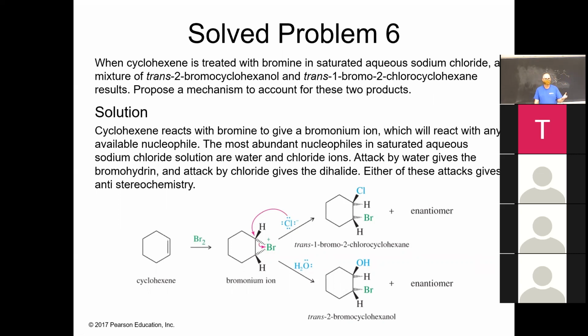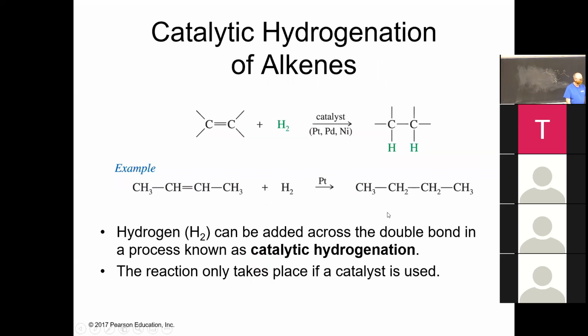We're using saturated sodium chloride solution. So in this case, we have a high concentration of chloride. And so we'll get the alcohol, but we'll also get the bromochloro product. And in both cases, we get the anti-stereochemistry.